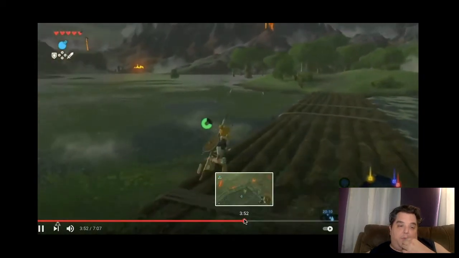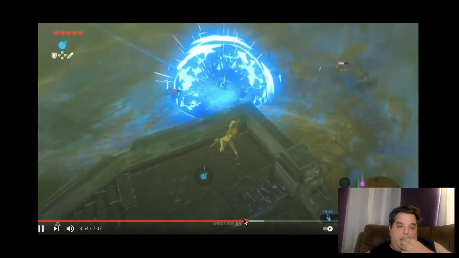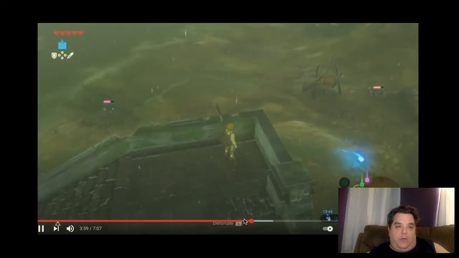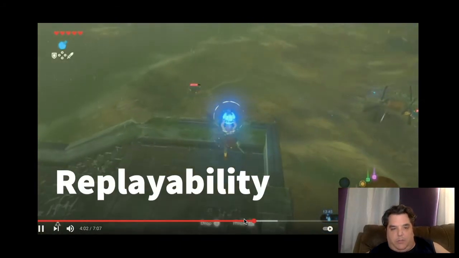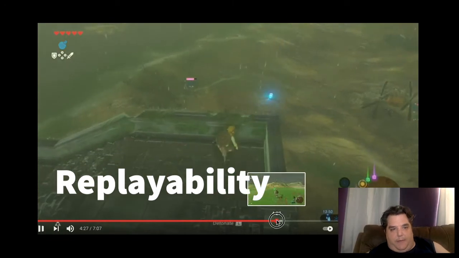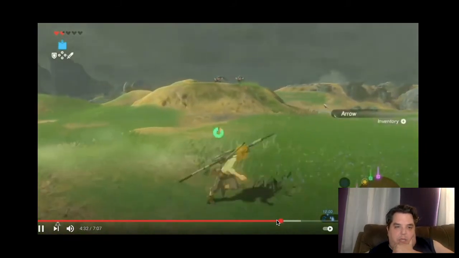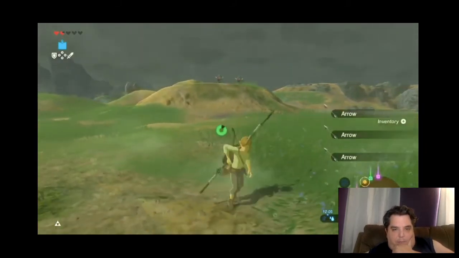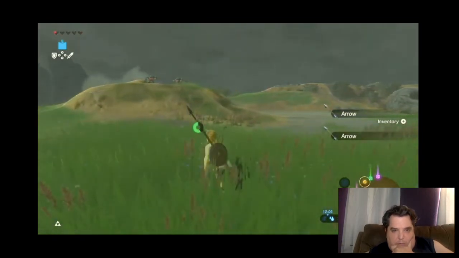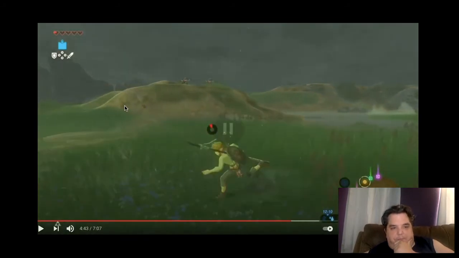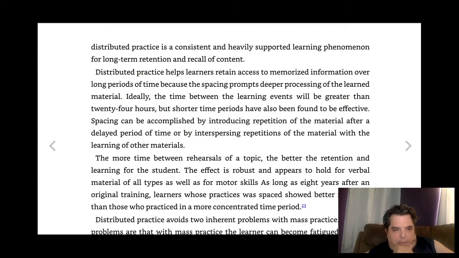And furthermore, monsters can regenerate their health. Let's take a look at this real quick. When we take a look at bokoblins, that's the red one. You can see some red ones there. What else do we have?